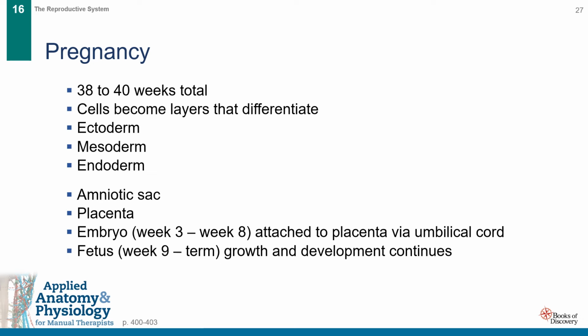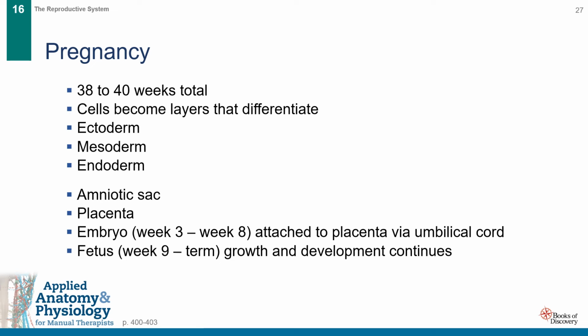By week 3 of gestation, the developing tissue mass, now called an embryo, becomes attached to the placenta via the umbilical cord. By the end of week 8, the rudiments of every organ system have developed. Beginning in the 9th week, the developing offspring is referred to as a fetus.